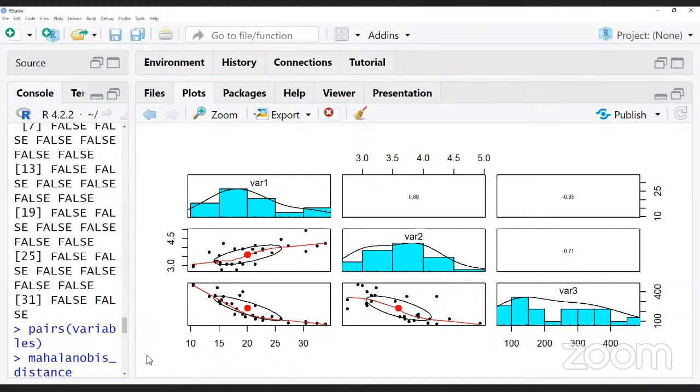Okay. So this picture gives you a very clear idea about the outliers. Now you can find out how var3, var2, and var1 are related with each other.